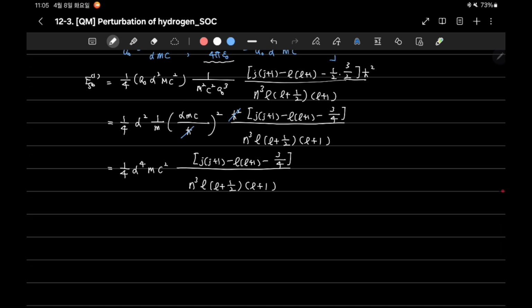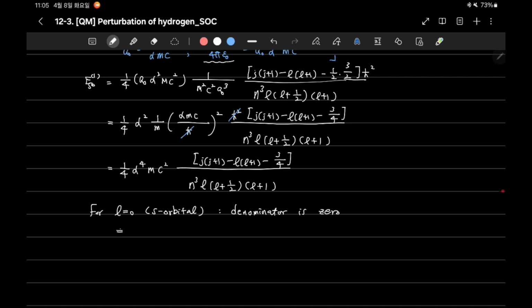What kind of problem? It is that for l equal to 0, it is s orbital. It's l equal to 0 case, and this denominator equal to 0. It is meaningless, and it makes that denominator is 0.